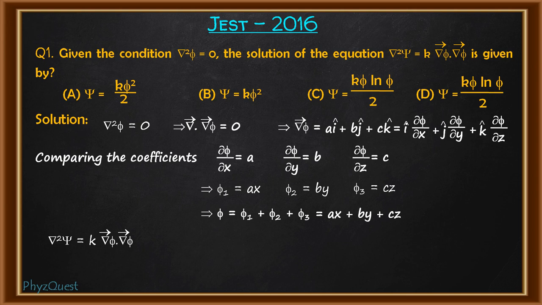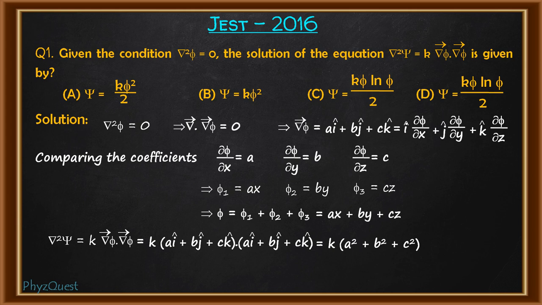Gradient of phi has constant components, so putting this value in the expression, this becomes k into a i cap plus b j cap plus c k cap dot the same vector, which ultimately gives k times a square plus b square plus c square. So this is the value of del square psi, the Laplacian of psi.